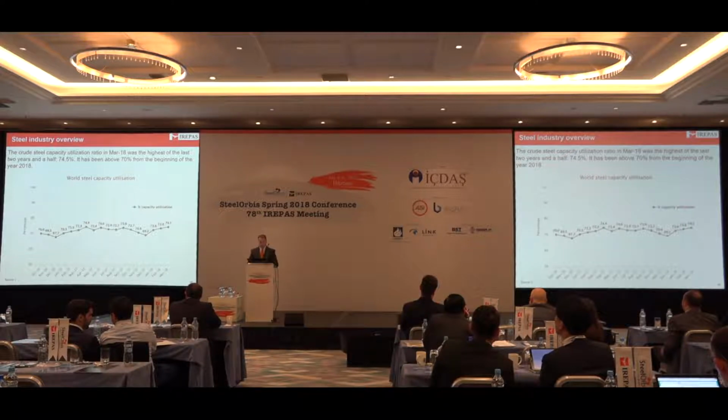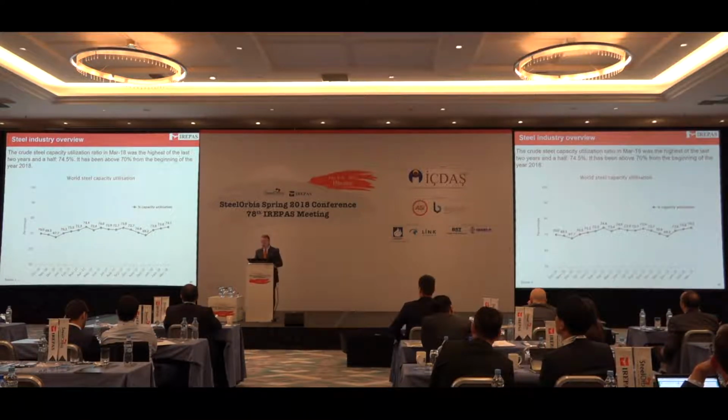At the same time that crude steel production is increasing, we have seen that the efforts of the Chinese government in order to try to control and to cut, if possible, the production capacity have had their effect, and then the crude steel capacity utilization ratio has been above 70% from the beginning of the year, with a peak of 74.5% in March.